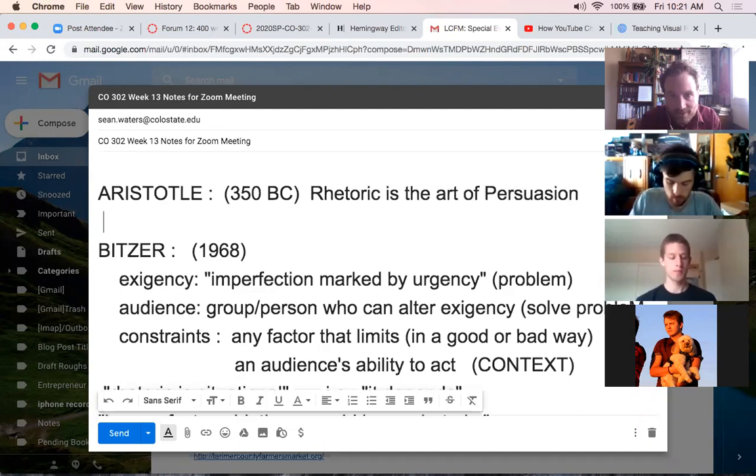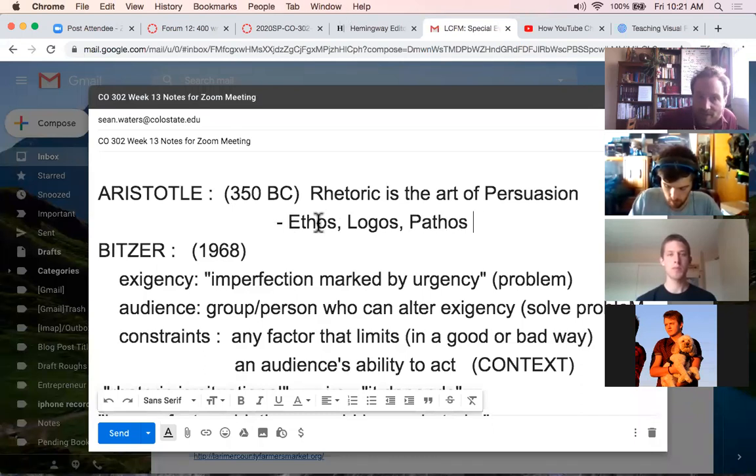We did go over this at the beginning of the semester, and this is the sense of ethos, logos, and pathos, where ethos is my sense of goodwill, character, credibility, my good understanding of a situation. Logos is the logic, statistics, numbers that I use. And pathos is the emotion, the values, authority, motivations that I have to do certain things.